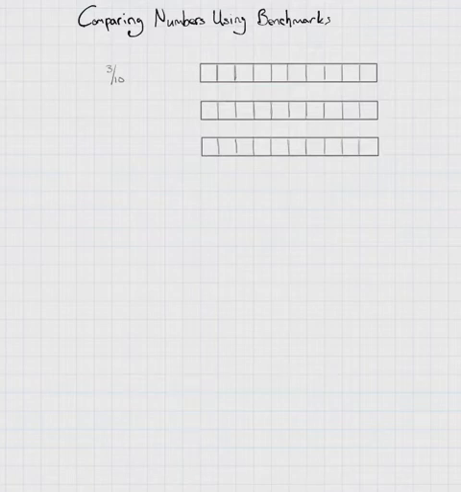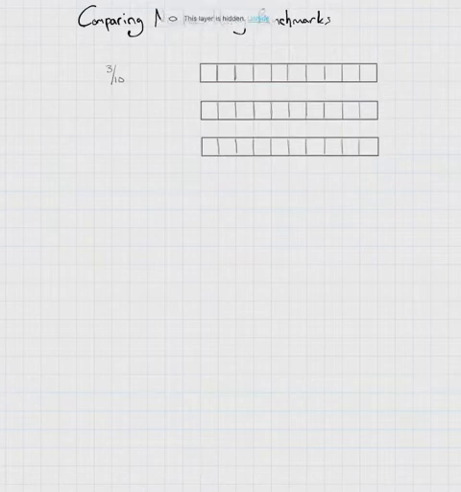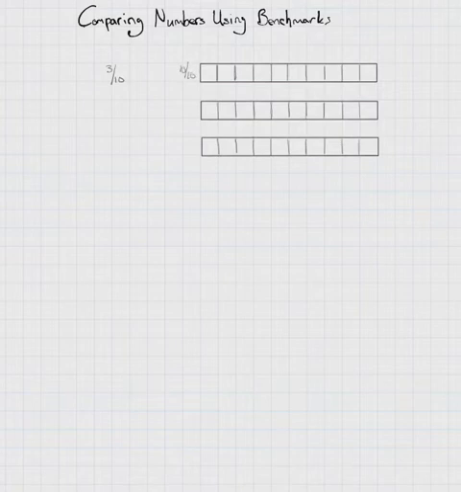Well, the whole, we know, would be all 10 parts out of 10 colored in. And we know that 3/10 is not equal to a whole. We know that 3/10 is much less than a whole. 3/10 is less than 10/10. And that's fairly easy to see.